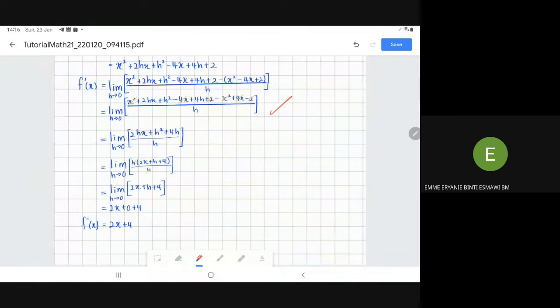Okay. And then here, you see that there's a lot of H. You know that you have to cancel. But you did not cancel H here, right? What you did was you factorized that H and then you cancel. Why do you have to factorize first before you cancel?